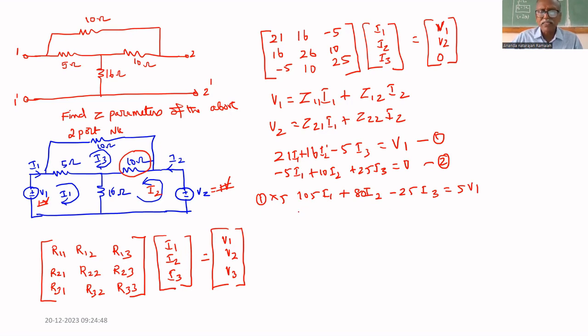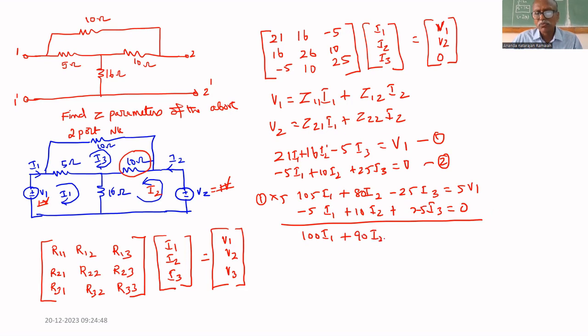The other equation is minus 5 I1 plus 10 I2 plus 25 I3 equal to 0. If you add these two together, what will you get? 100 I1 plus 90 I2.